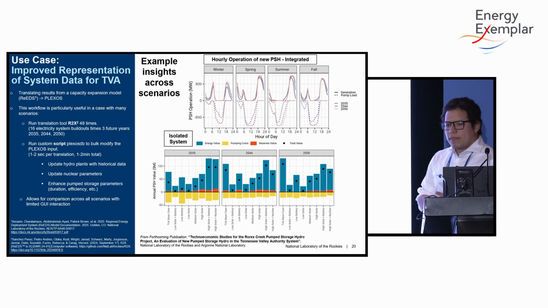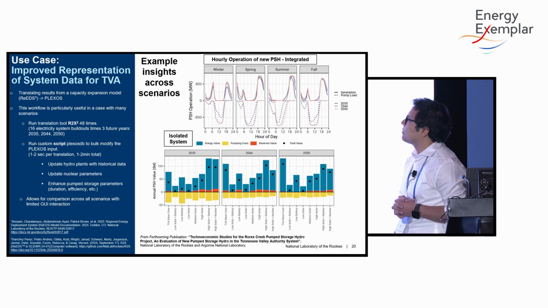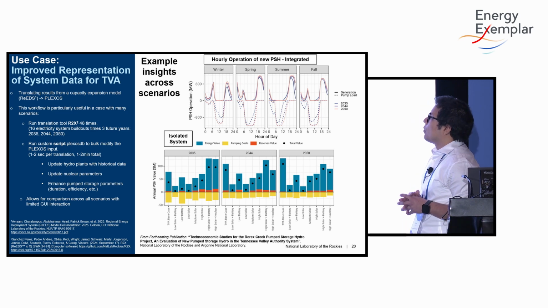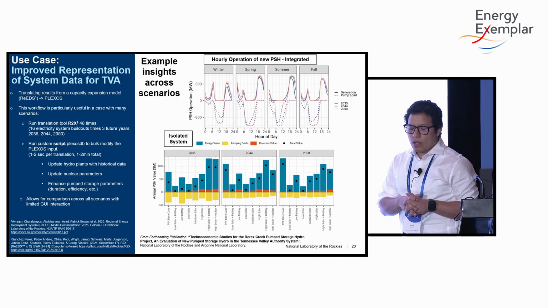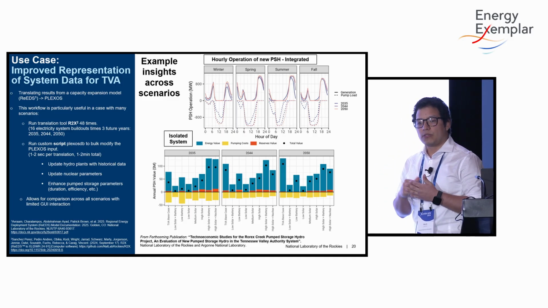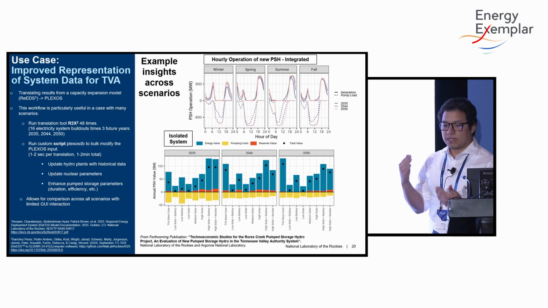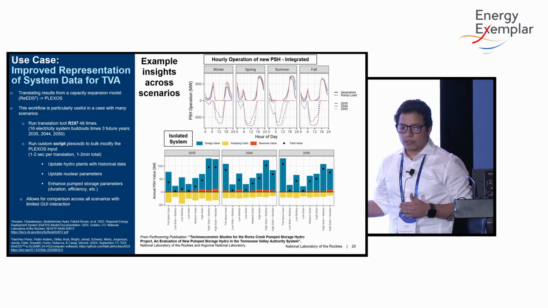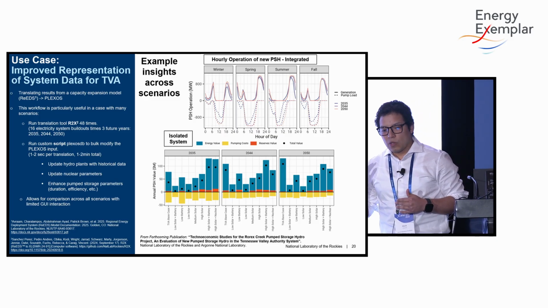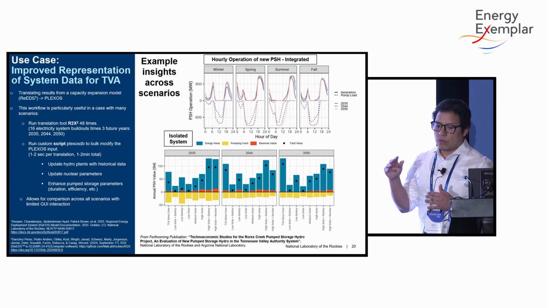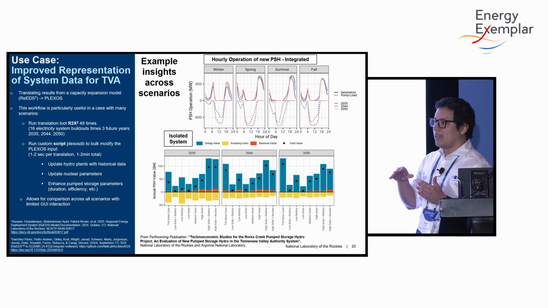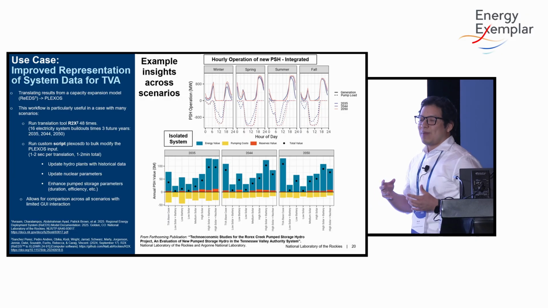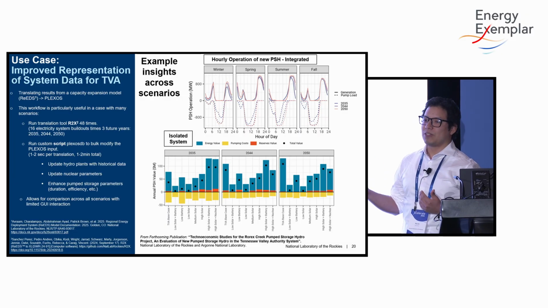I'm going to describe a bit the use cases that we've been working on. In this case, for the system data on the TVA system, we previously worked with a REEDS tool, which is a specific tool for capacity expansion models. The workflow is particularly useful because for the capacity expansion model, as a national lab, we use many tools, and all these tools need to be interconnected.